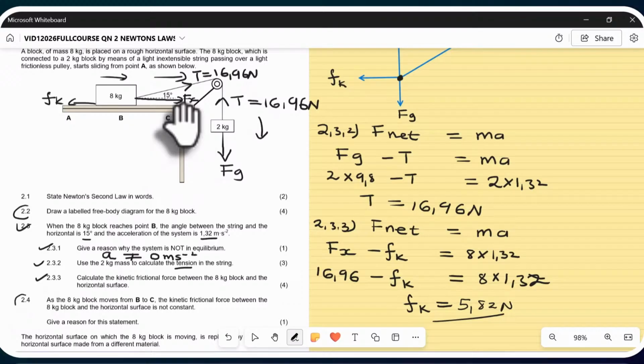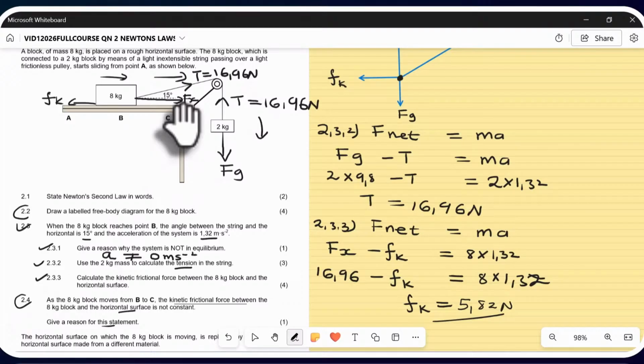It is 15 for now, but maybe more than 20. So as it does so, it is pulling the box upwards, meaning the normal force keeps on changing. Because of the changing normal force, the frictional force will not be constant.